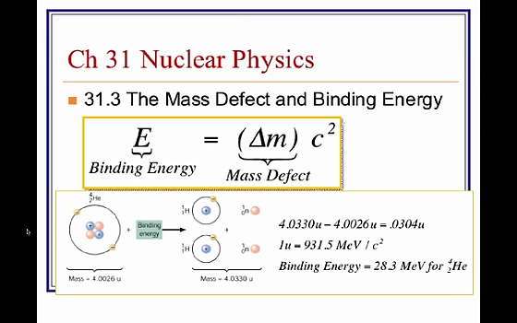Or you could use that one atomic mass unit is 931.5 mega electron volts per speed of light squared, and this gets you the amount of energy that it takes to bind the nucleus together. Once again, a lot of these things are shown on your formula sheet, so you shouldn't have to memorize too many of these.